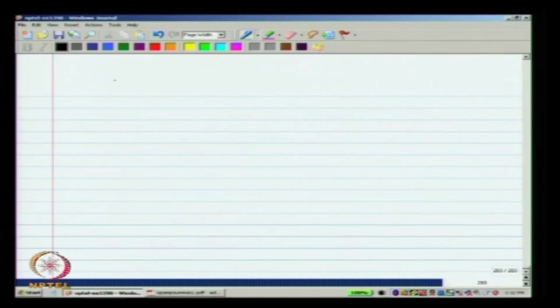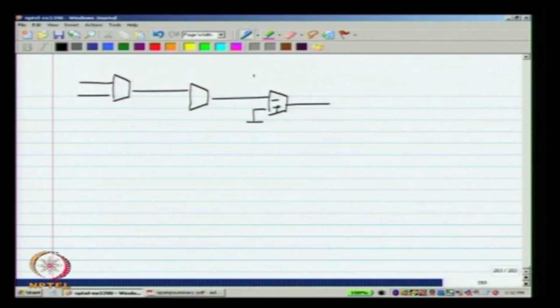We know that at the signal level, what we need are three stages.